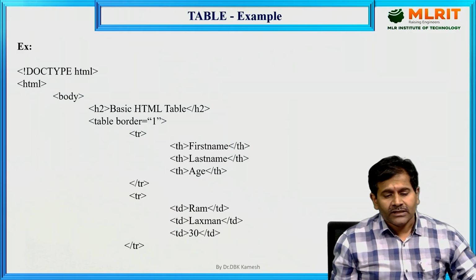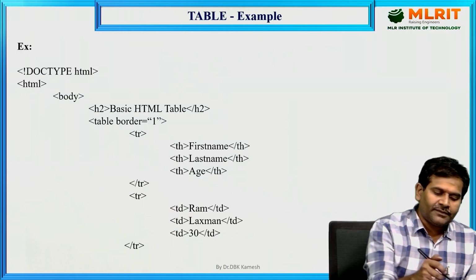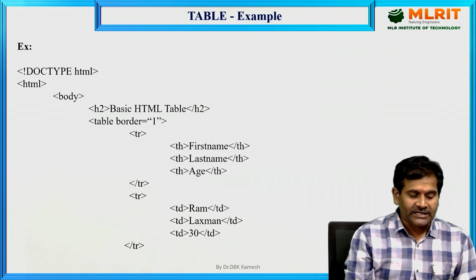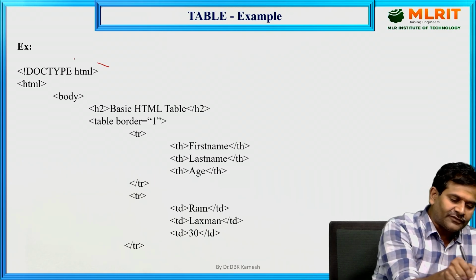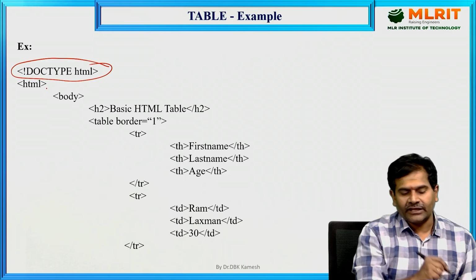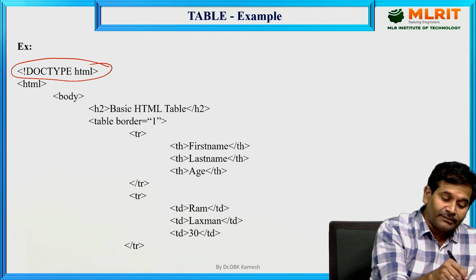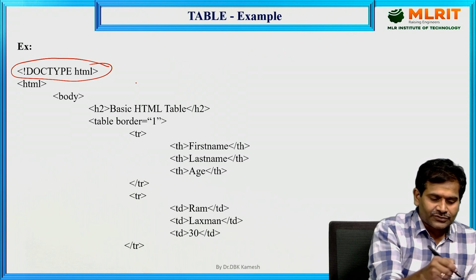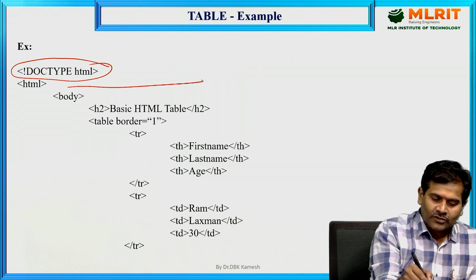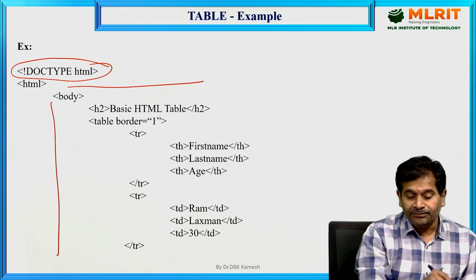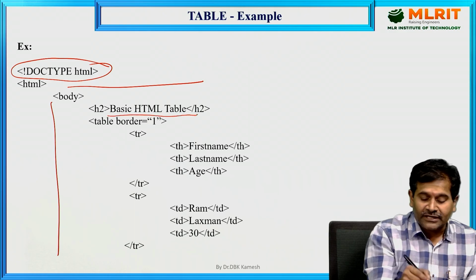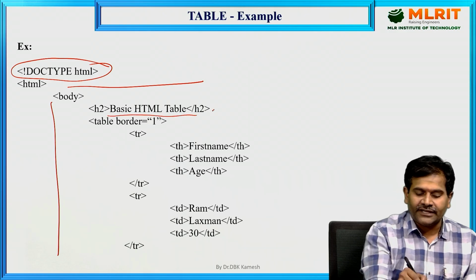Now an example, which is also an HTML page. First and foremost, we need to write the document type HTML. Inside the HTML is the head tag, for the title etc. The second part is the body, where we generate a basic HTML table with a heading.